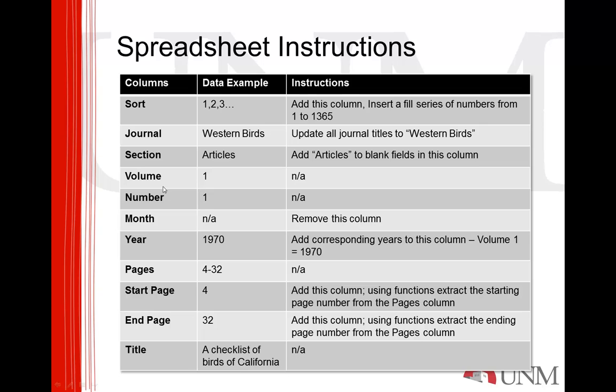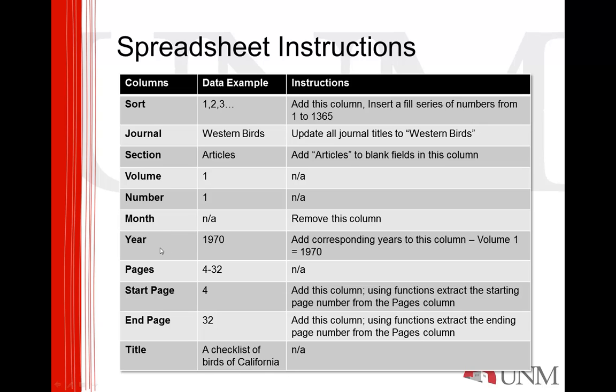You don't need to do anything with the volume or issue number data. Just bring those over from the left-hand side of the spreadsheet to the right, and do that using a simple formula, which I'll show you here in a second. We don't need the month column, so you can omit that from your transform data on the right side.